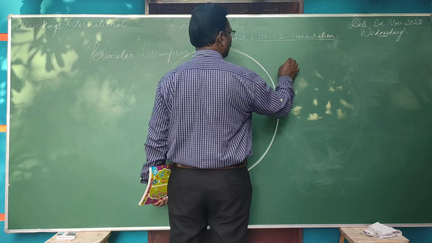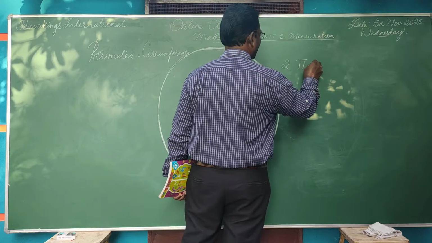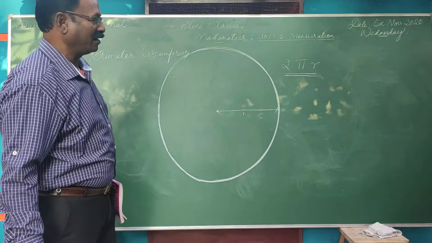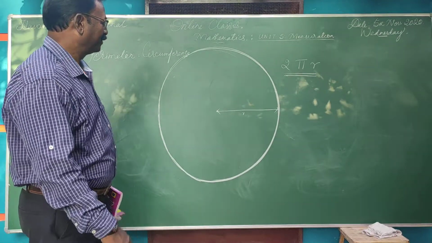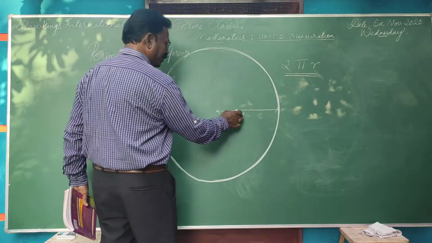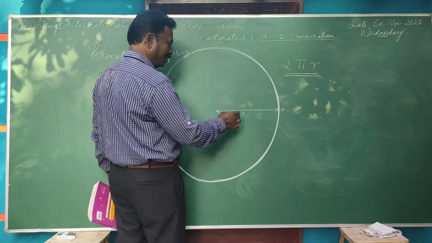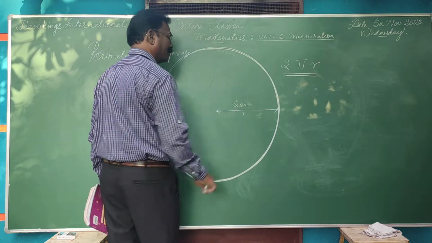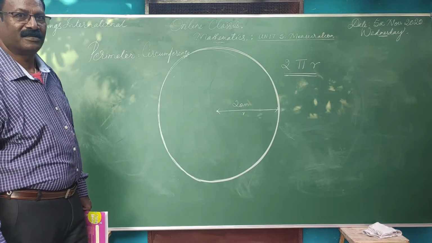I told you, 2 pi r. This is the formula for finding the perimeter of a circle. Suppose the radius which is given here is 20 meters.